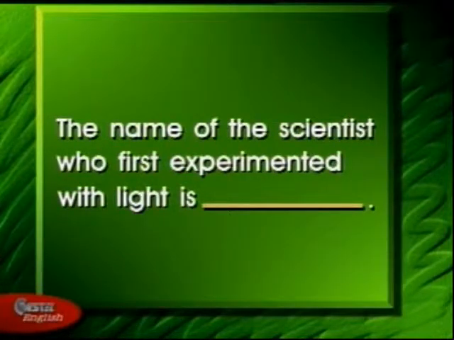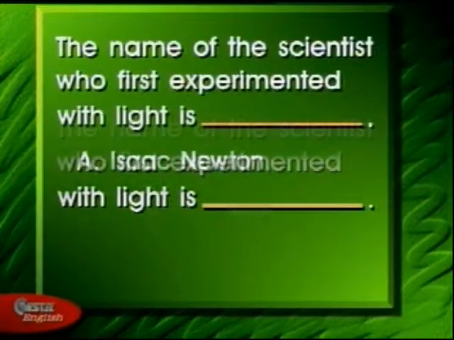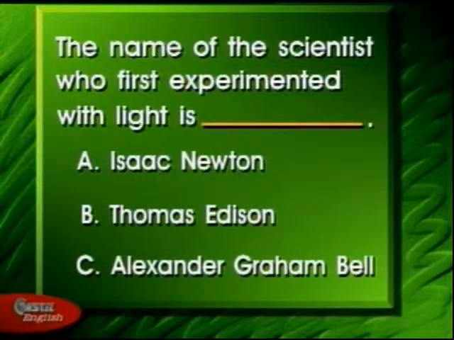If you like, you can convert this to a multiple choice item like: the name of the scientist who experimented with light is blank. A. Isaac Newton. B. Thomas Edison. C. Alexander Graham Bell.